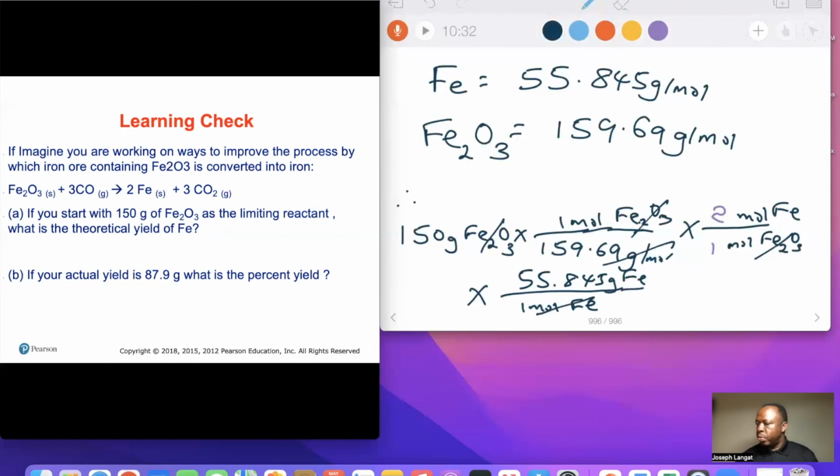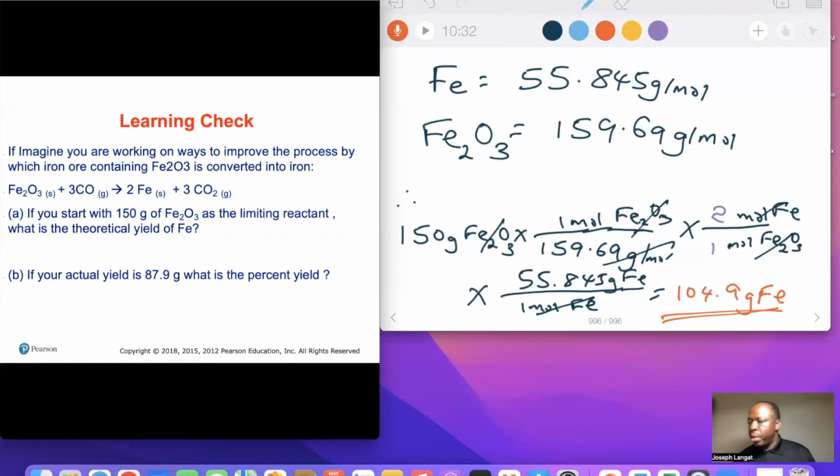So moles of iron goes with moles of iron. And here the grams of iron is 104.9. Should double check this, grams of iron. This is how much we expect from the limiting reagent.